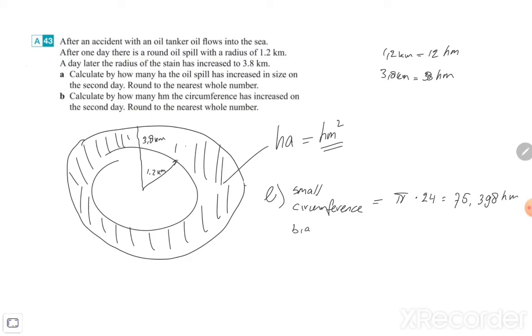We're going to do exactly the same with the big circle. This big circumference is pi times, then you multiply the 38 by 2 to get 76, which is equal to 238.761 hectometers.